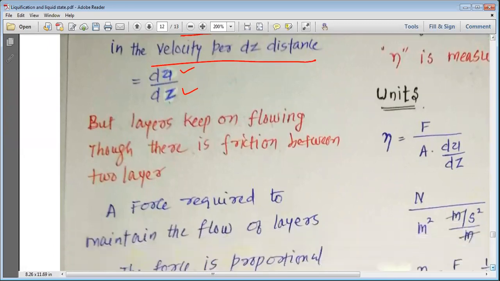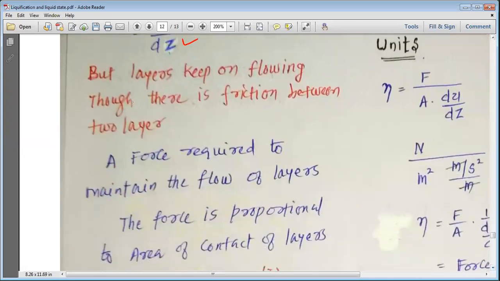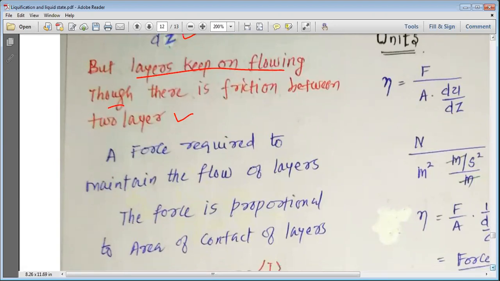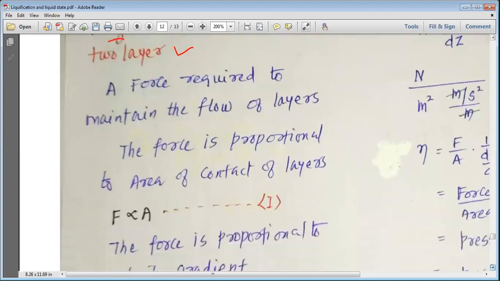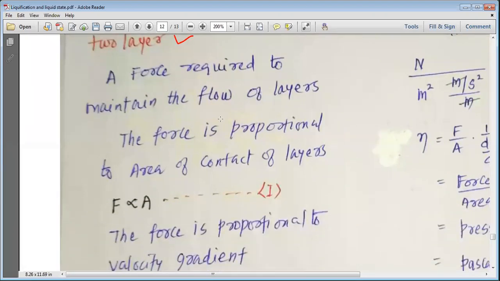But layers keep on flowing. You see, we know that liquid flows in the tube. So layers keep on flowing, though there is a friction between two layers, and that is why a force is required to maintain the flow of layers.